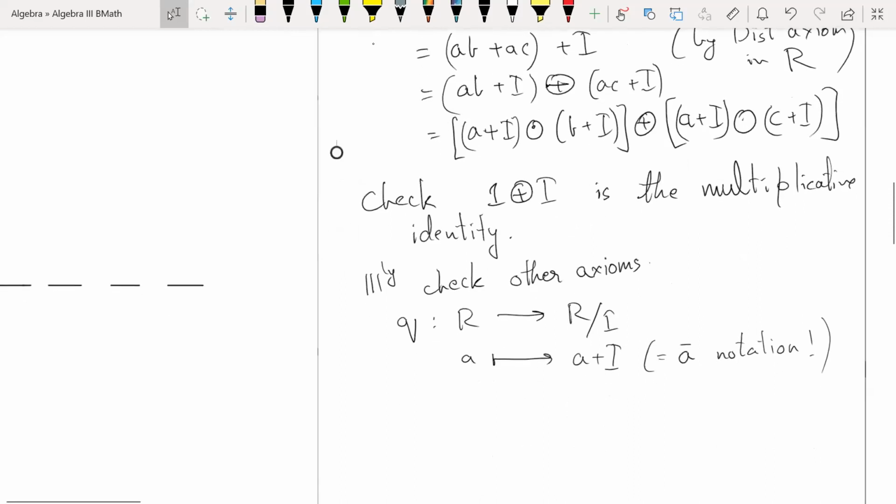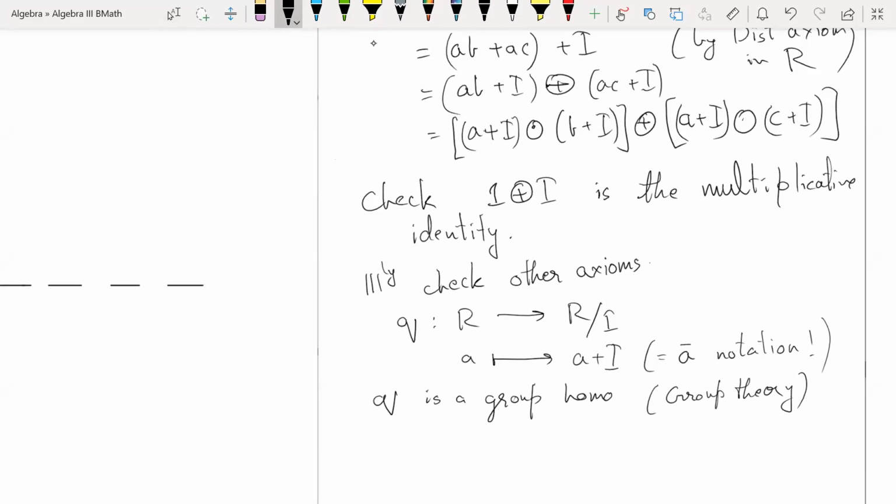But in group theory, you must have seen that Q is a group homomorphism. This is from group theory, which you already know. So I'll just check for multiplication. Actually, the proof for both of them is the same.